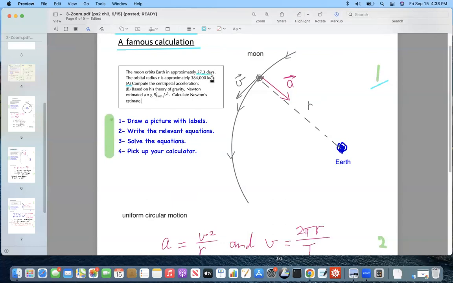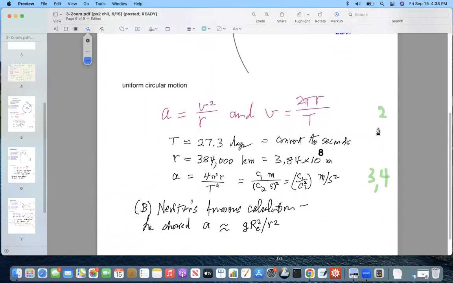That's 27.3 days. There's a velocity tangent to the circle. There's an acceleration toward the center of the circle. So that's the picture. Now we write down the equations. Well, it's the same equations as last time, because this is, again, a problem with uniform circular motion. a is v squared over r. v is 2 pi r over t.